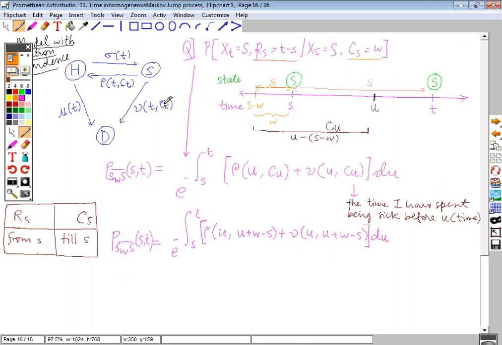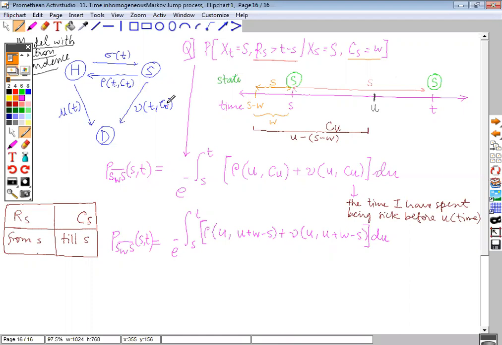Because had we done that, then you could have infinite states, right? Depending on every time you spend some particular amount of time in that particular state. So to avoid that, we have just taken CT in the transition rate so that our transition rate can vary now. And we only have 3 states, healthy, sick, and dead.